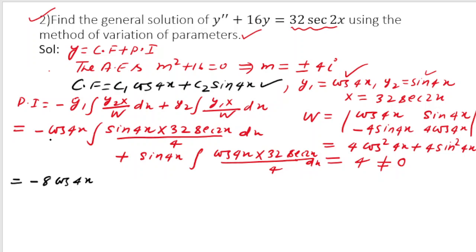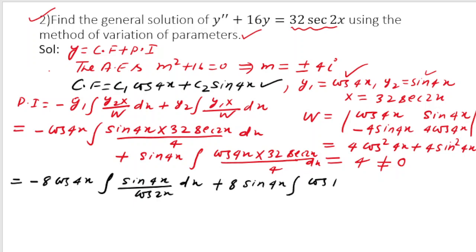I am going to get minus 8 common, and here we have the integration, that is sin 4x divided by sec 2x, which becomes cos 2x dx, and plus 32 by 4 becomes 8, so 8 sin 4x, and here the integral, cos 4x by sec 2x, can be written as cos 2x dx.